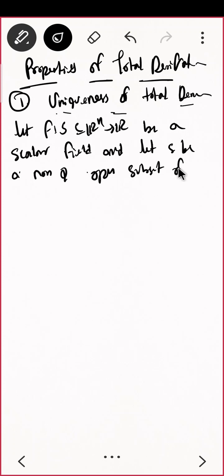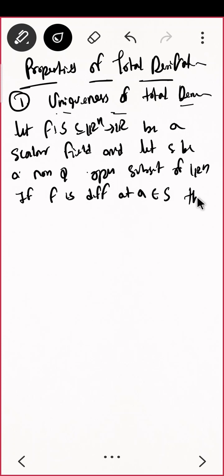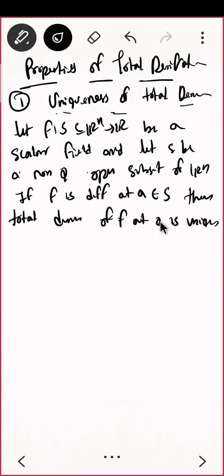If f is differentiable at e that belongs to S, then the total derivative of f at e is unique. You know how to prove uniqueness. How will you do it?